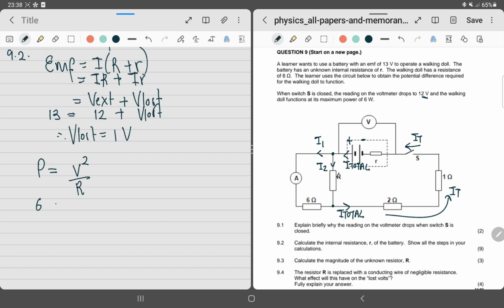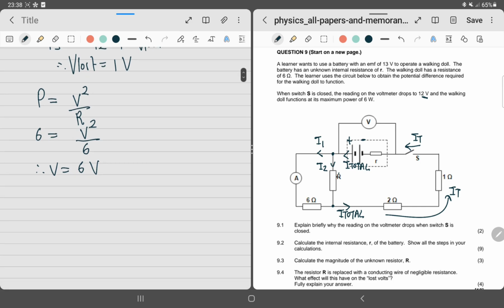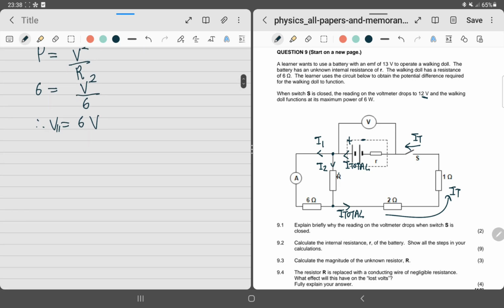So the power is 6, and then the voltage we don't know, and the resistance is 6 as well. Therefore, the voltage should be 6 volts. So this is for the parallel combination. So if we were to combine the 6 ohm and the R, we'll have something like this.